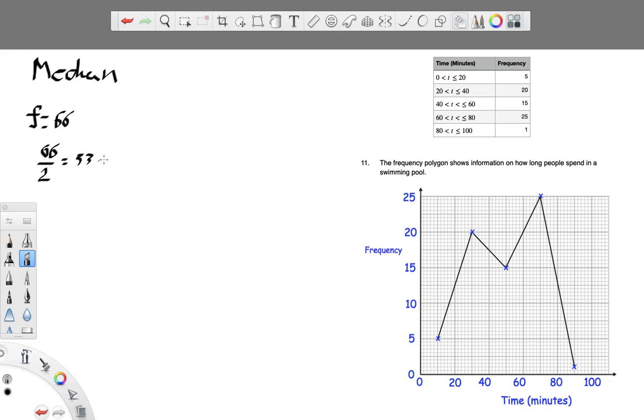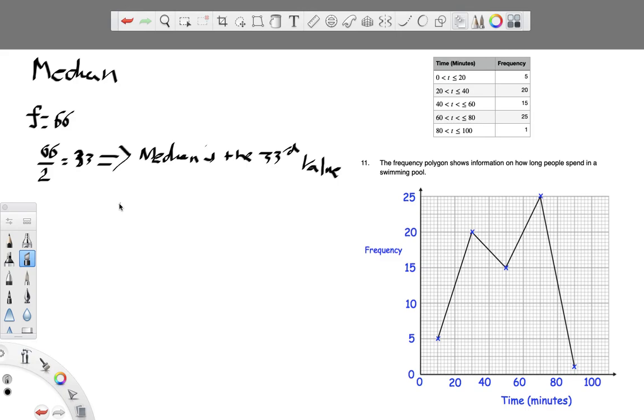So our median is the 33rd value. So the median is the 33rd value.